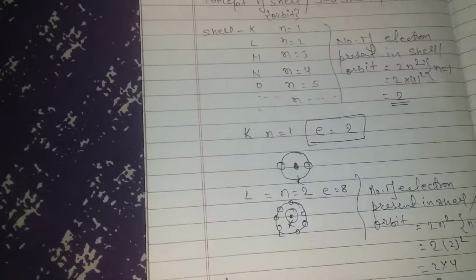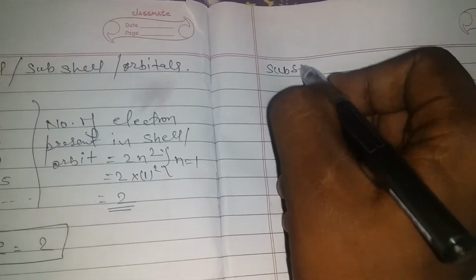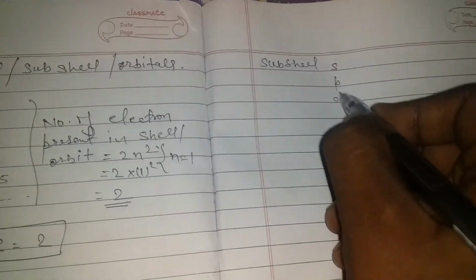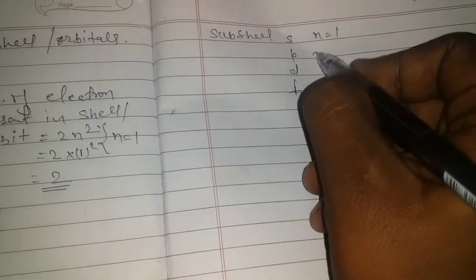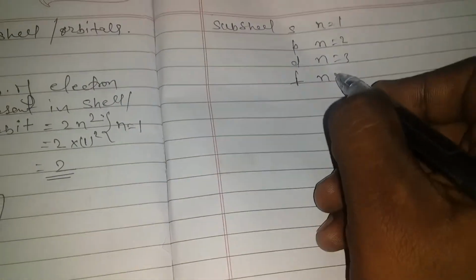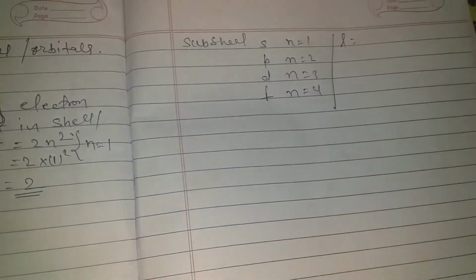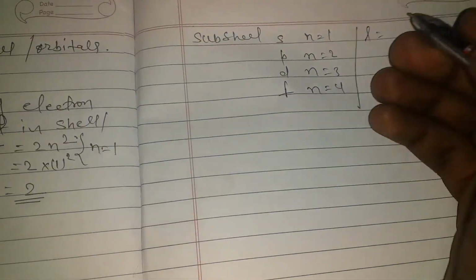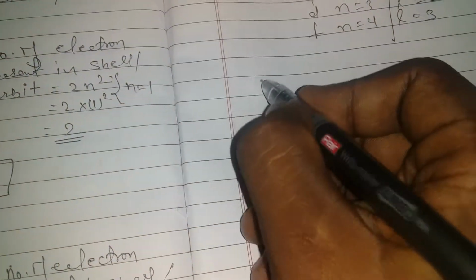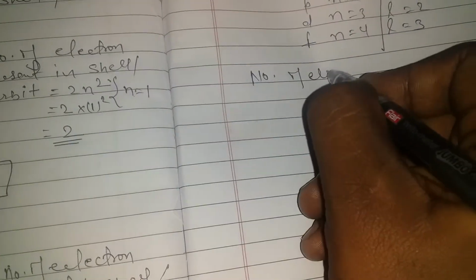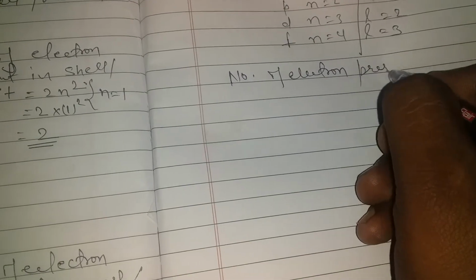There are subcells S, P, D, F. For n equal to 1, 2, 3, 4, the azimuthal number L is 0, 1, 2, 3. Now the number of electrons present in a subcell.